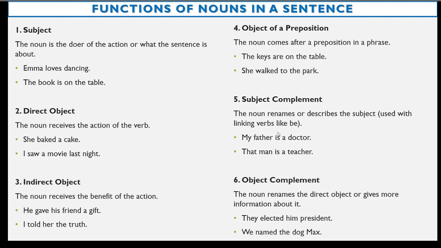My father is a doctor. That man is a teacher. Object complement. The noun renames the direct object or gives more information about it. They elected him president. We named the dog Max.